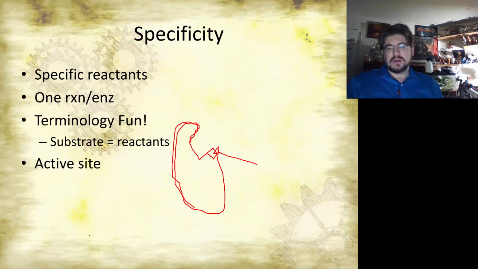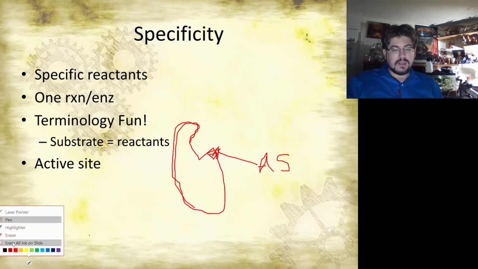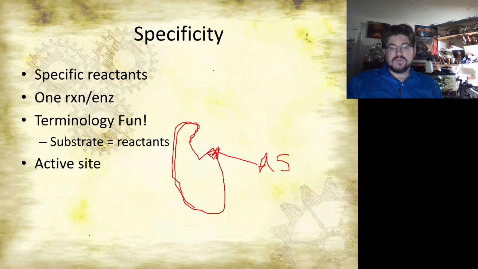So, this arrow was bad there. Whatever. This is the active site. And then this over here is the reactant that binds to the active site. And this is the substrate. I'm not going to spell out substrate entirely.